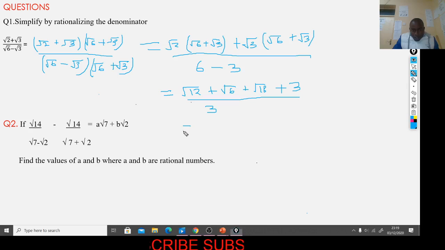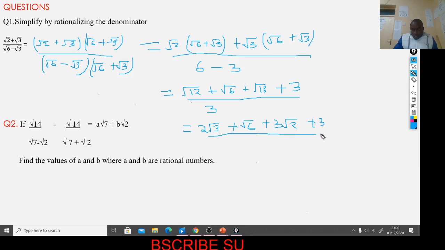So if I simplify this, it is 4 times 3, 4 has a square root of 2, root 3, plus, you make it a mixed surd, plus, this one you cannot simplify, root of 6, then plus, remember this is root 18, and 18 has 9 times 2, so 9 has a square root of 3, 3 root 2, then plus 3. All this all over 3.